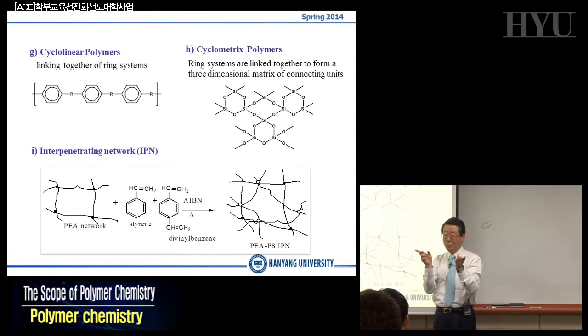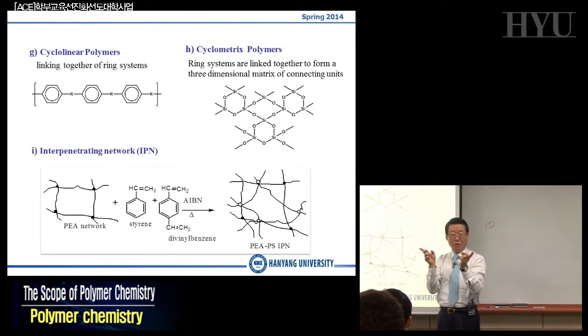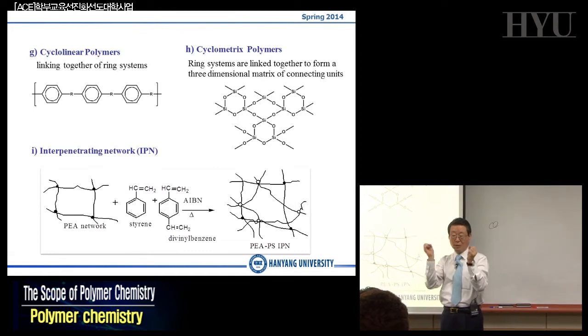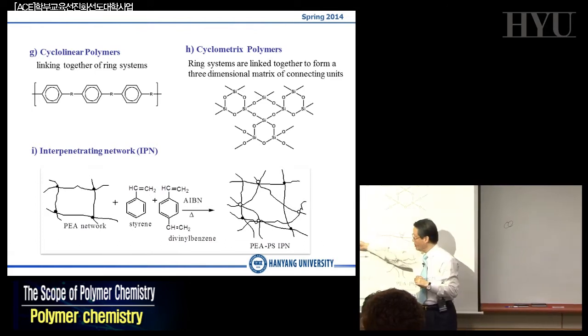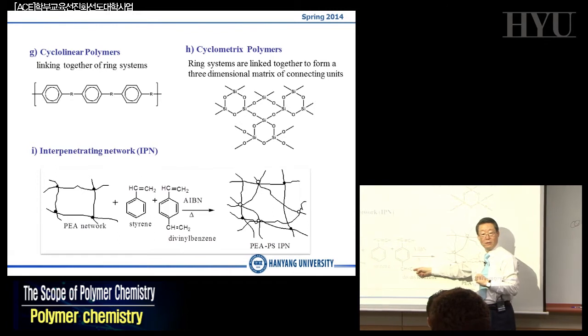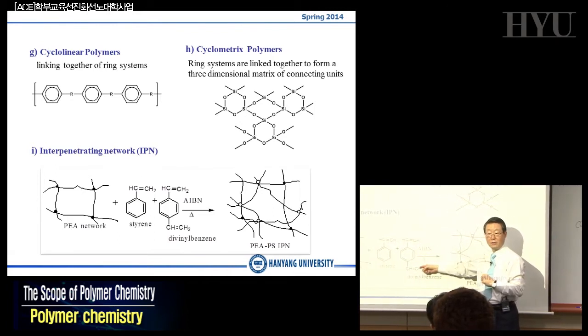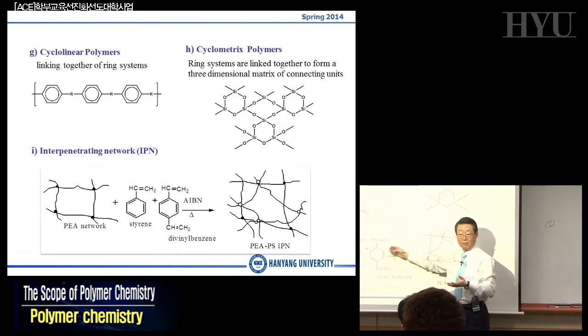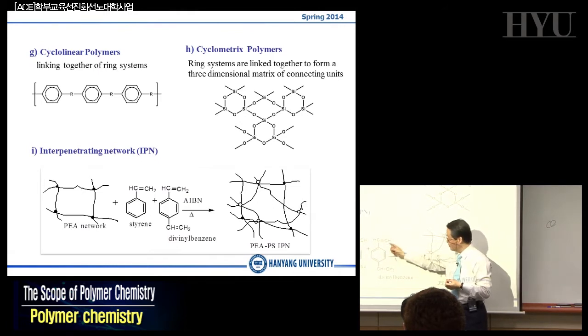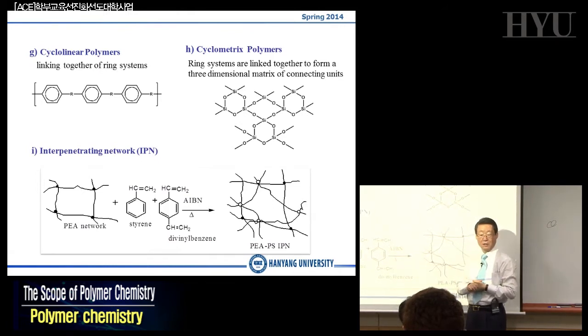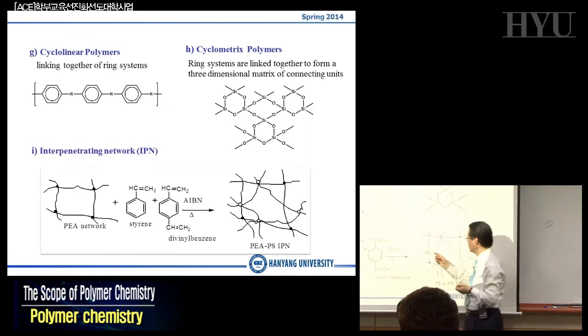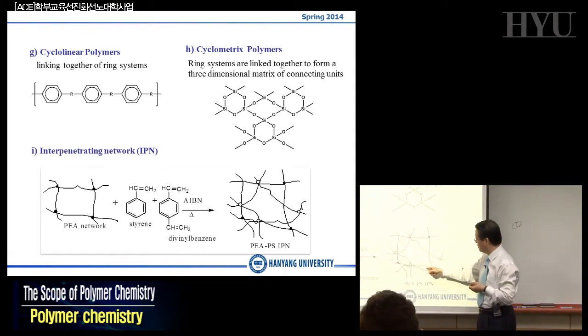So you have two radicals from one double bond, once you break the double bond. That's why we call this difunctional or bifunctional. If you have two double bonds, we have four functional groups. So this is regarded as polyfunctional. Because of this divinyl benzene, you can make a network structure, something like this.